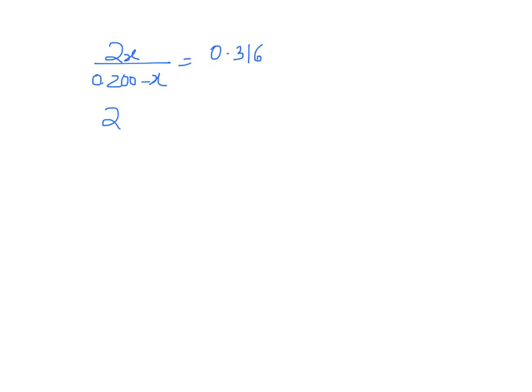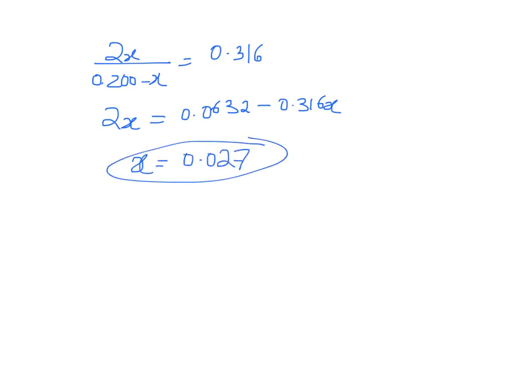Actually, we made life simple for ourselves because it's no longer a quadratic. So sometimes you might get a benefit depending upon how the concentrations look. So this will be 0.0632 minus 0.316x.